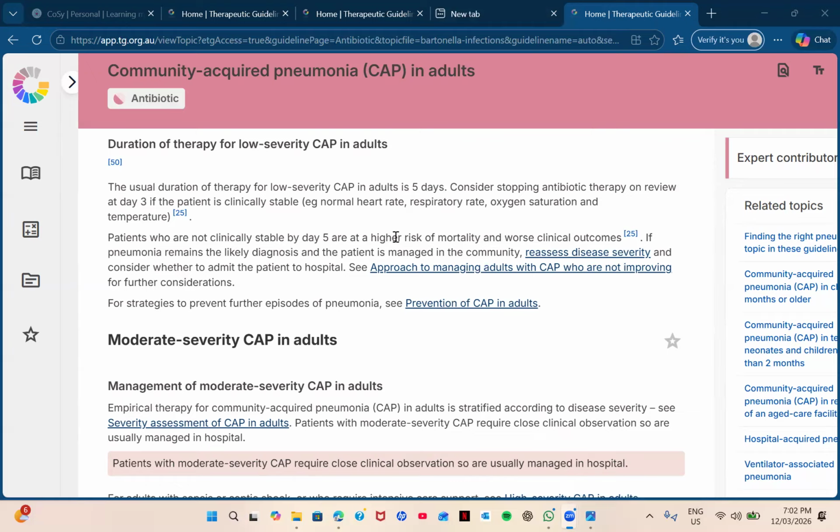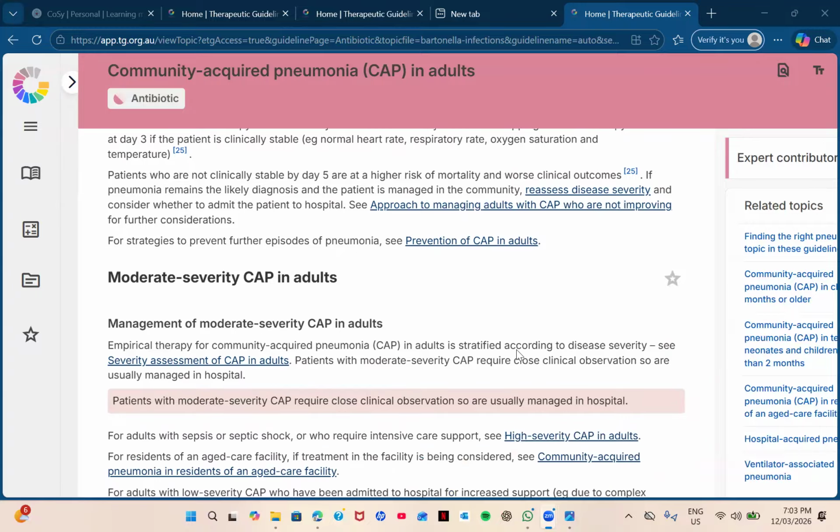Consider stopping antibiotic therapy on review at 3 days if the patient is clinically stable. Patients who are not clinically stable by 5 days are at higher risk of mortality and worse clinical outcomes, if pneumonia remains the likely diagnosis. And if the patient is not resolving with these medications, you have to reassess the severity.